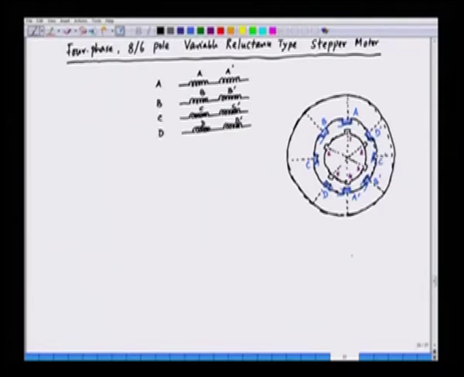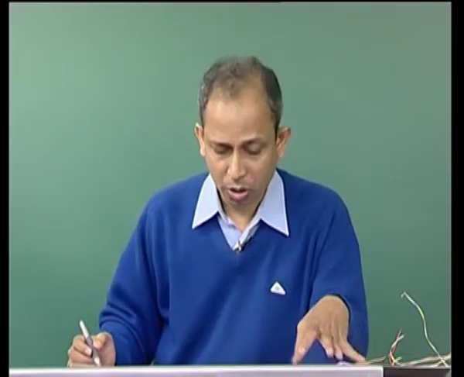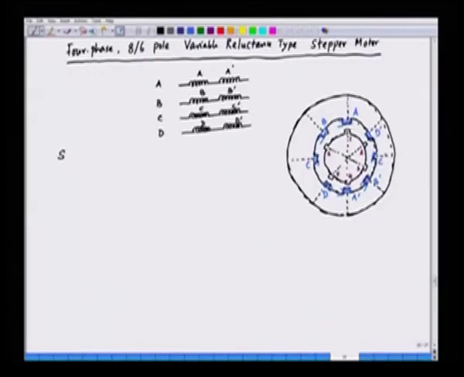Now, what we do here is again excite phase A followed by phase B followed by phase C and then phase D and again A. So, the sequence of switching in this case is A, B, C, D and again A and so on.